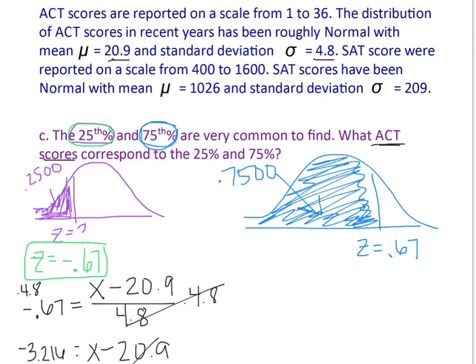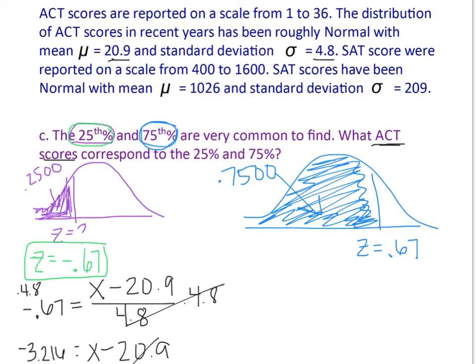Pause. So when you drew your picture and you wanted 75% to be below the z-score, you got a z-score of positive 0.67. Well, it makes sense that these two are related. Since your normal curve is unimodal and symmetric, negative 0.67 is the 25th percentile, and positive 0.67 is the 75th percentile, because those percentiles mirror each other.